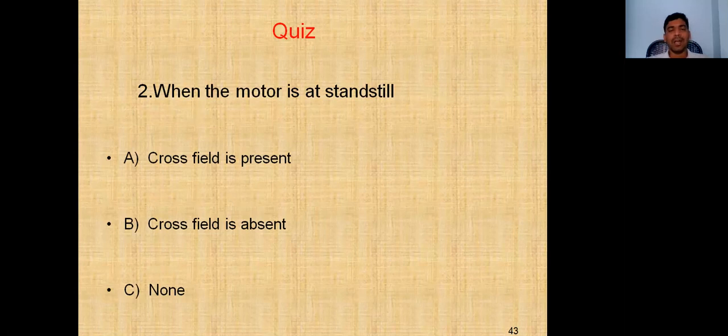When the motor is at standstill, there is no cross field. When the motor is running, in motion, the cross field is present. So at standstill, the cross field is absent.